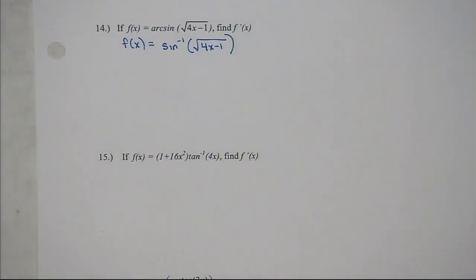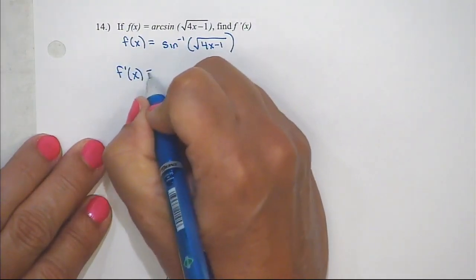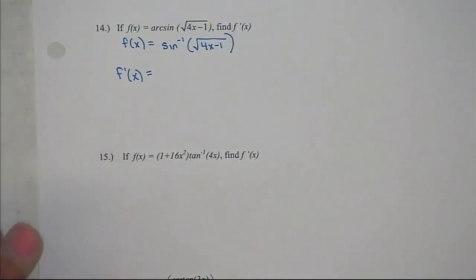All right, so this is another, well, it's actually a triple chain rule. So the outermost function is inverse sine. Then the middle function is the square root function. And then the inside function is 4x minus 1. So we have to do 3 different derivatives, okay? And then we're going to try to clean it up. That's the fun part. All right, so we're going to start with the derivative of inverse sine.